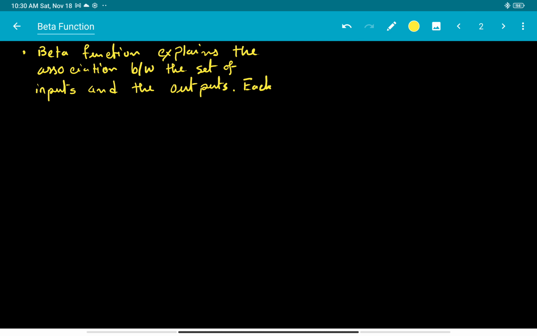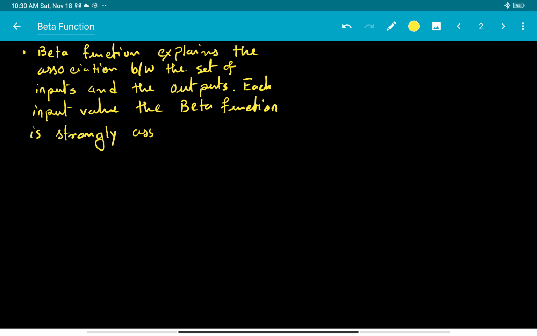Each input value is strongly associated with one output value.